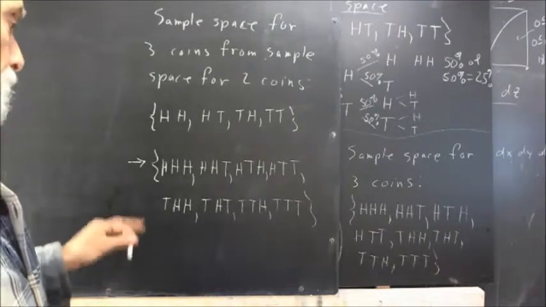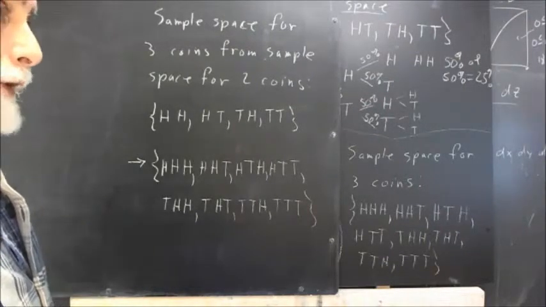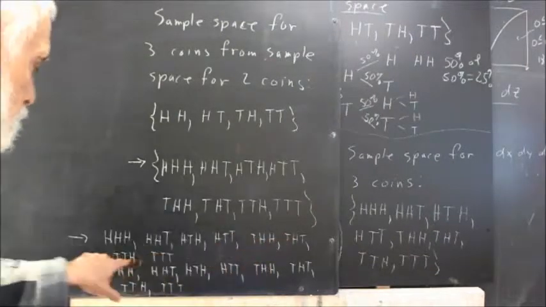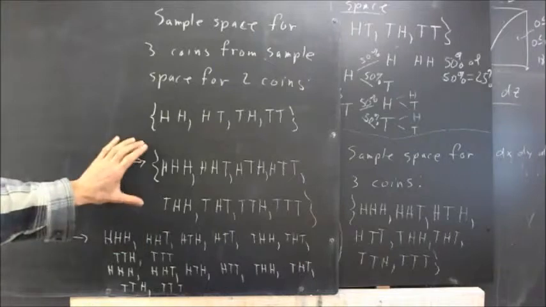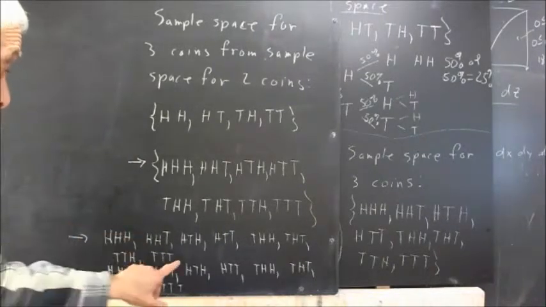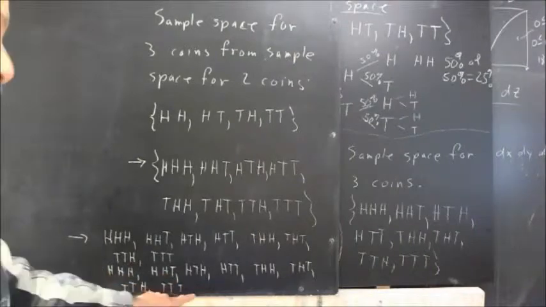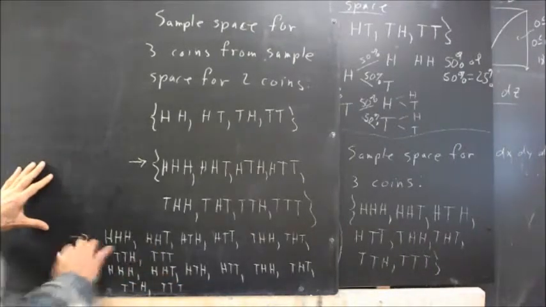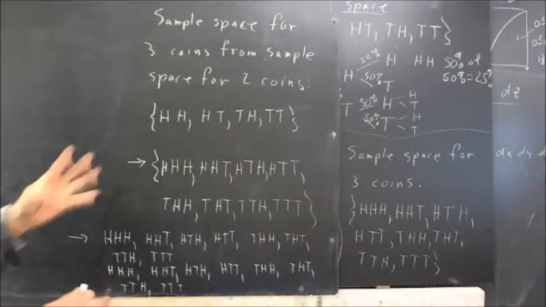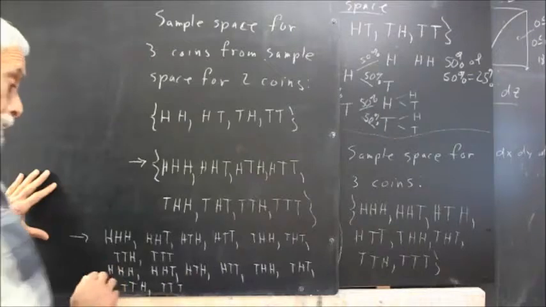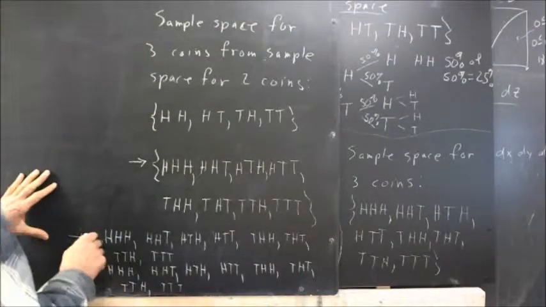Now I'm going to do that, but I'm going to do it off camera because you don't want to watch me write it all. Okay, here I've listed all 8 of the possibilities for 3 coins, from heads, heads, heads to tails, tails, tails. Then I've listed it again. Now all I have to do to get a sample space for 4 coins is put heads in front of the first set and tails in front of the second.